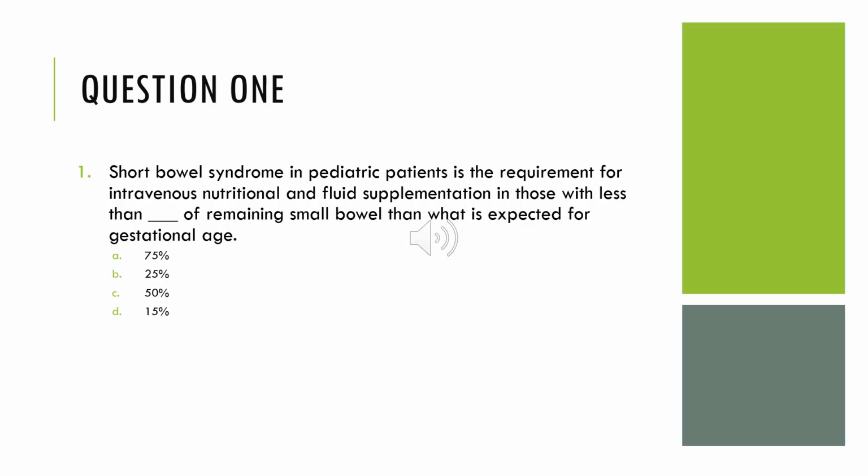Question 1. Short bowel syndrome in pediatric patients is the requirement for intravenous nutritional and fluid supplementation in those with less than blank of remaining small bowel than what is expected for gestational age. A. 75%, B. 25%, C. 50%, or D. 15%.